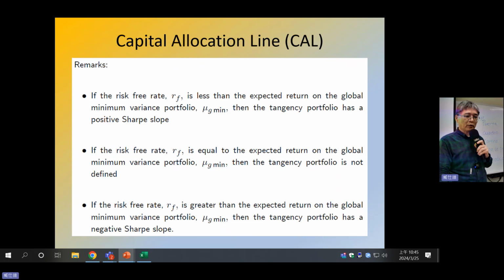But if the risk-free rate is equal to the expected return of the GMVP, then the tangency portfolio is not defined. So sometimes we can't find the tangency portfolio. And the last one is if the risk-free rate is greater than the expected return of the GMVP, in this case we'll see a negative Sharpe ratio.